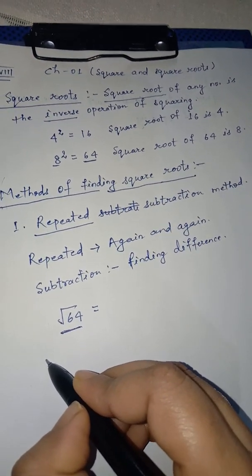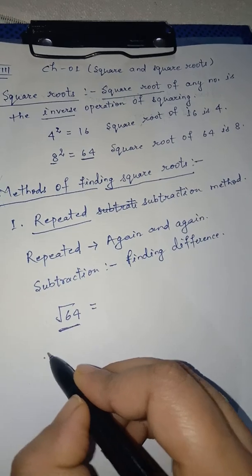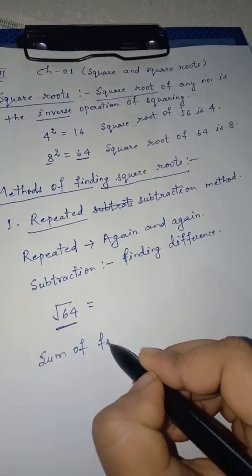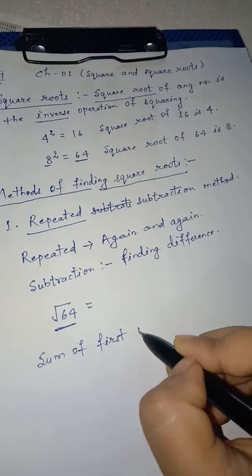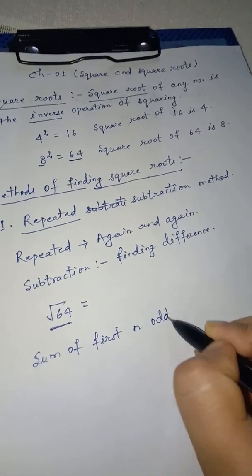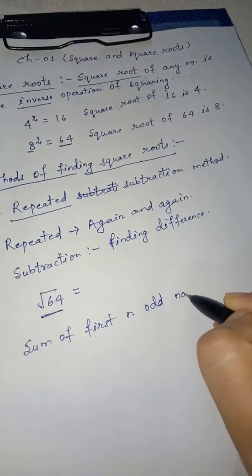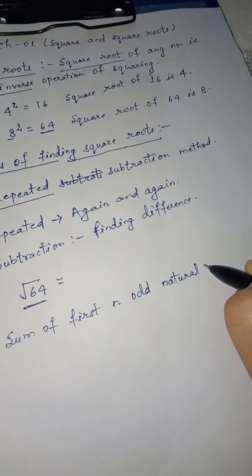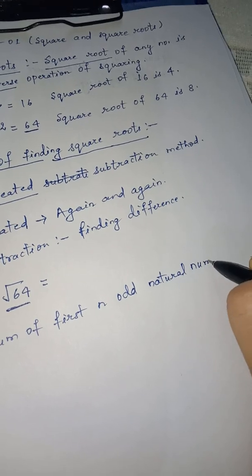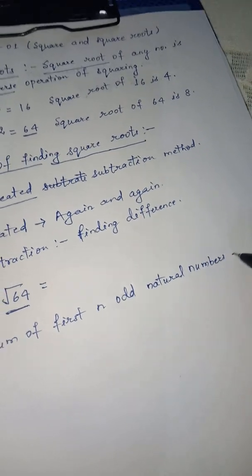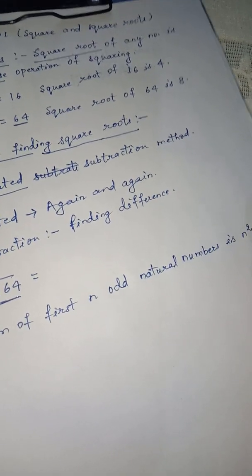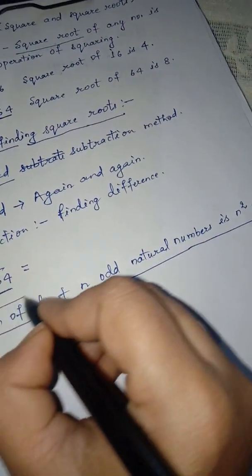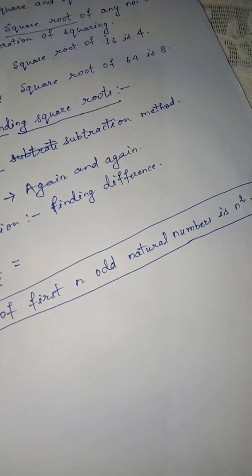You should know that the sum of the first n odd natural numbers is n square. This is the most important concept.